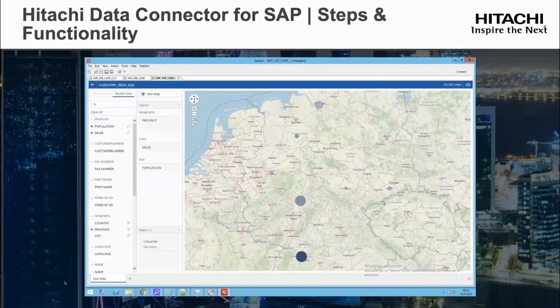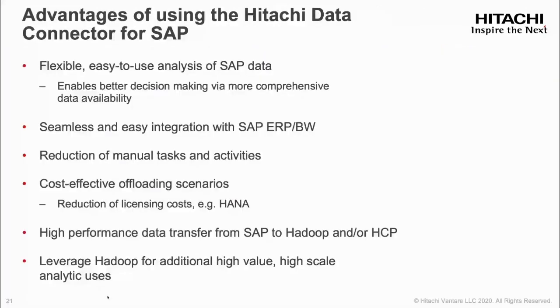As you've seen, there are many advantages you can leverage, like the ease of use to analyze the SAP data. As we've just seen in the short demo video, we can seamlessly and easily integrate SAP ERP, BW data and of course HANA data, and using Pentaho in combination with the Hitachi Data Connector, all the manual tasks and activities are automated.